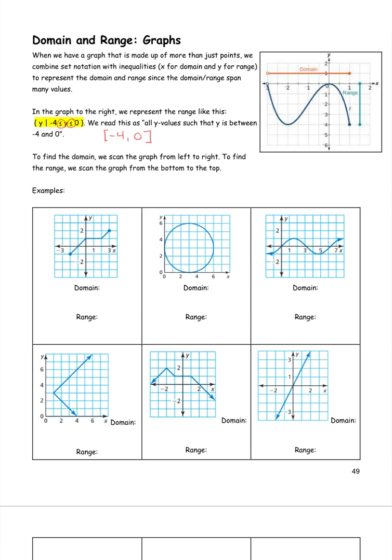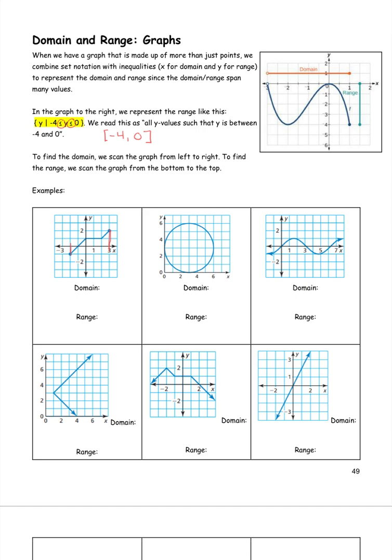Okay, so taking a look at our first example. Starting with your domain, you're starting from the left and working your way to the right. I can see that my domain starts here at -2, and then I can see that my domain stops here at 3.